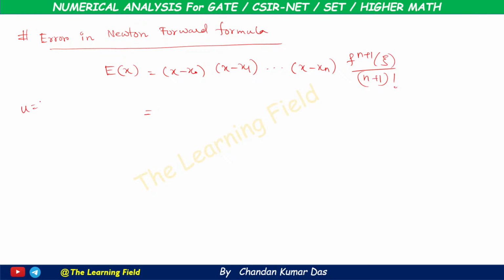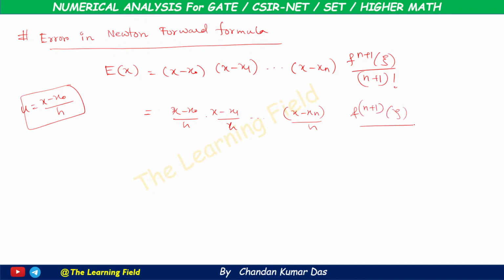Since u equals (x minus x0) by h, and there are n plus 1 terms, we write (x minus x0) by h into (x minus x1) by h up to (x minus xn) by h, into f^(n+1)(xi) by (n plus 1) factorial.